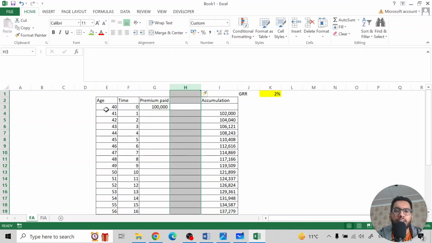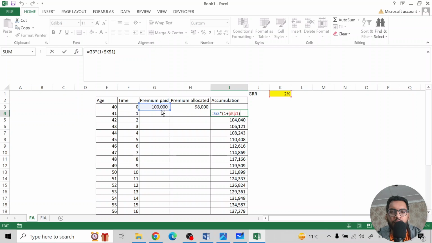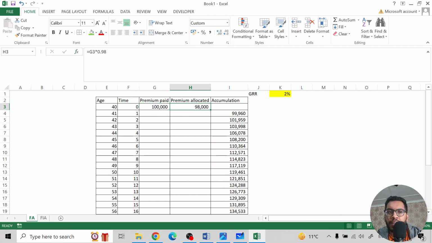You can say, even in the previous case, the fixed annuity, let's say the person paid 100,000, but we deducted the 2,000, or basically the 2%, out of this balance for our other charges.